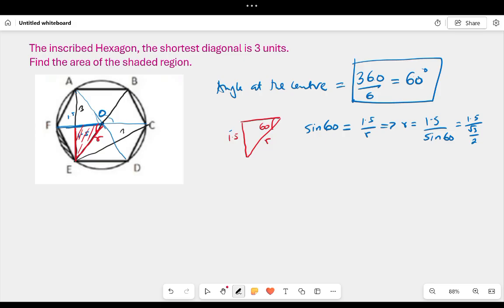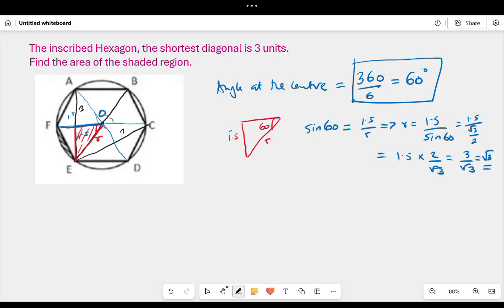Now working out the reciprocal of the denominator, it's going to be 1.5 times 2 over the square root of 3, which is 3 over the square root of 3, which simplifies to the square root of 3. Okay, so therefore the radius is the square root of 3.